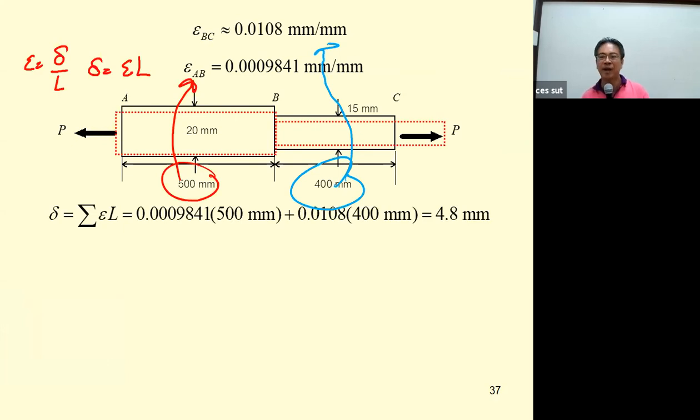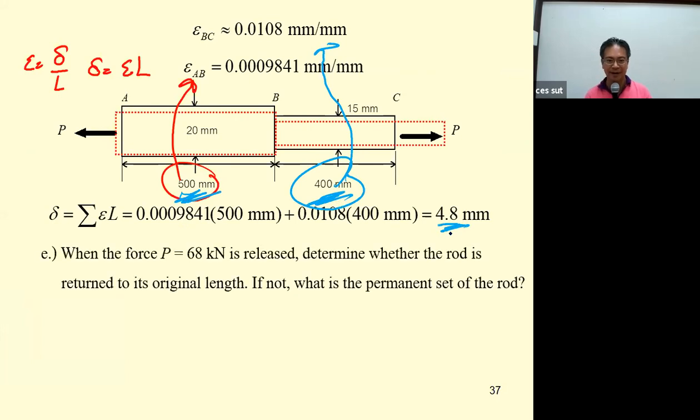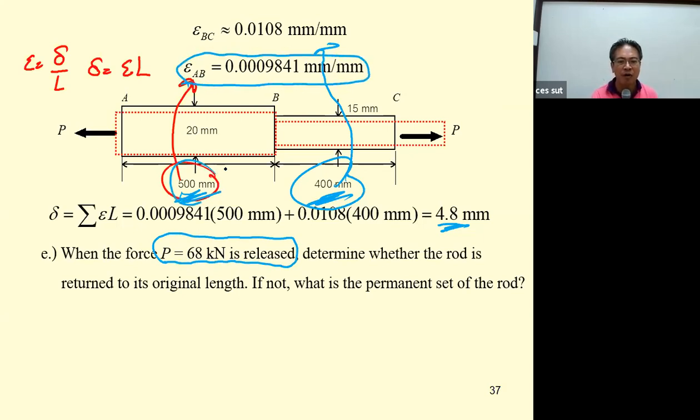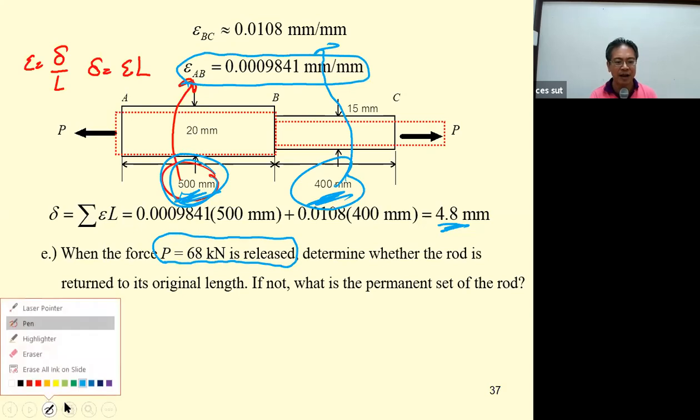Now, the structural member changes from 900 millimeter to 904.8 millimeter. Now, we release the 68 kilonewton force. By releasing, this portion is going to recover to the 500 millimeter.